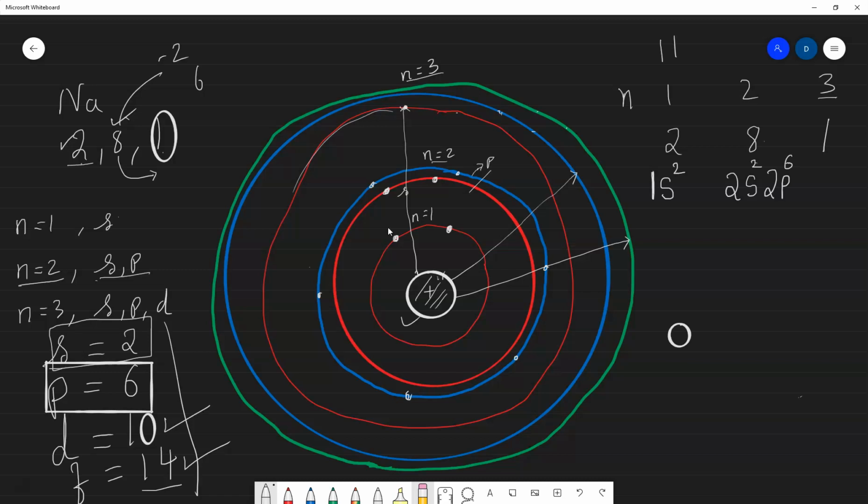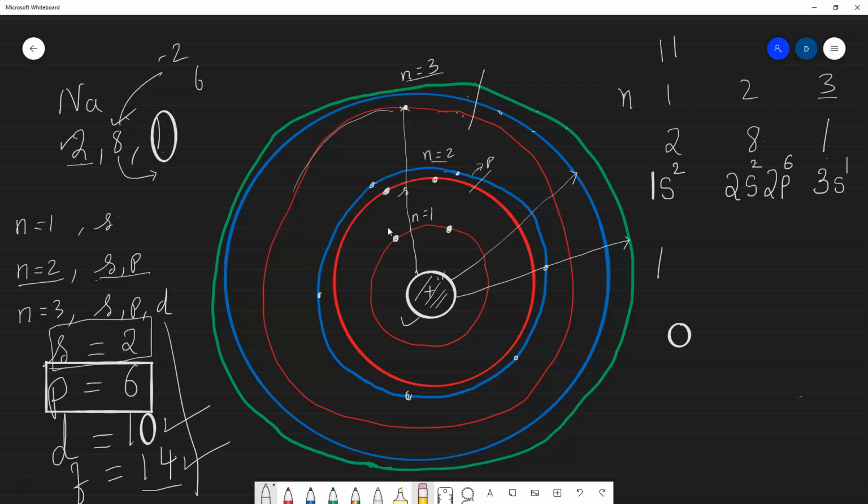Now for shell number 3 there is 1 electron. You know that shell number 3 has got 3 subshells, S, P and D, but because there is only 1 electron in sodium in the third shell, this 1 electron will be in the S subshell. So the way you write that is, in the third shell in the S subshell you got 1.